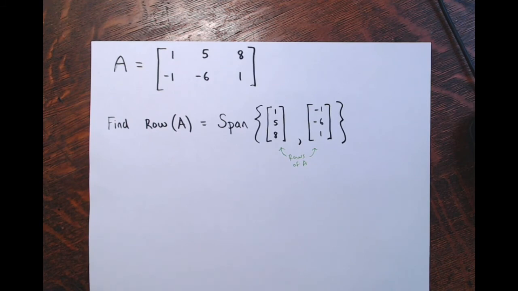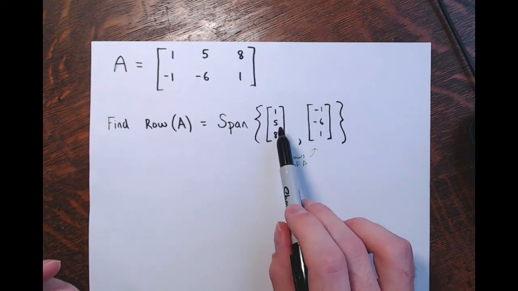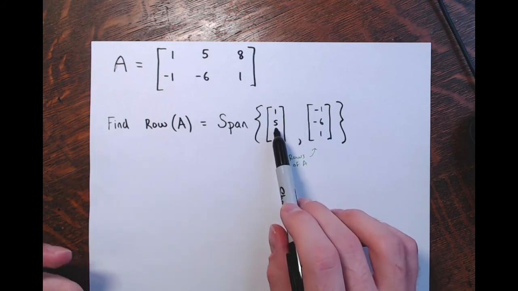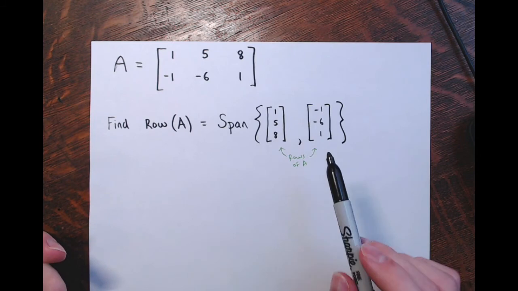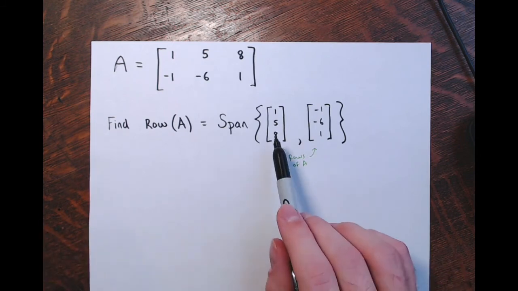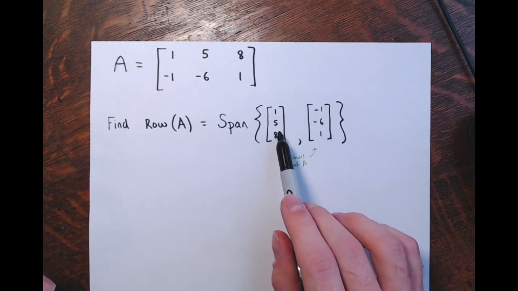All right. Now the question is, do I need all of these vectors? Is every linear combination of these two enough, or can I get rid of one of them? So are these vectors independent? You can tell right away that they're independent.